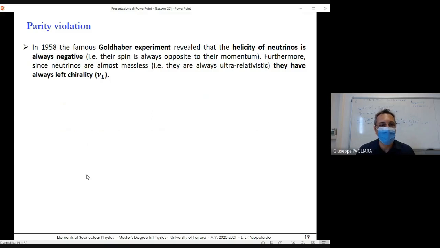Now, the following year, 1958, the famous Goldhaber experiment revealed that the helicity of neutrinos is always negative. This means that the spin is always opposite to their momentum. Furthermore, since neutrinos are essentially massless, they also always have left polarity. So all the neutrinos are left.